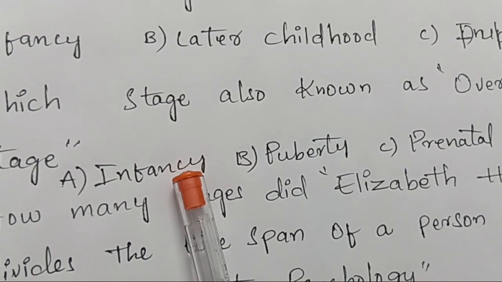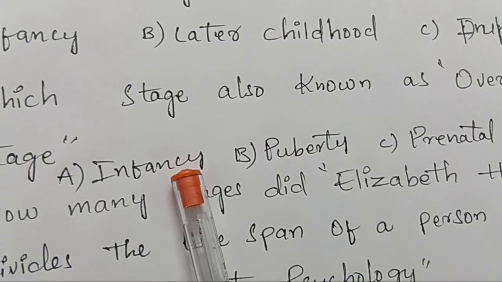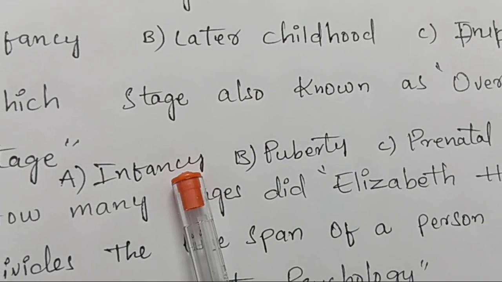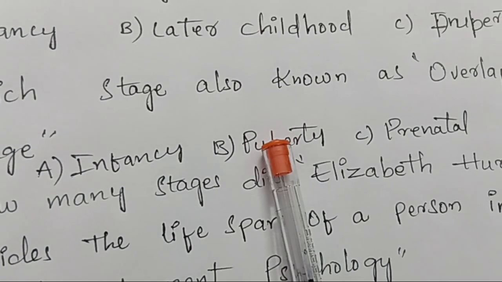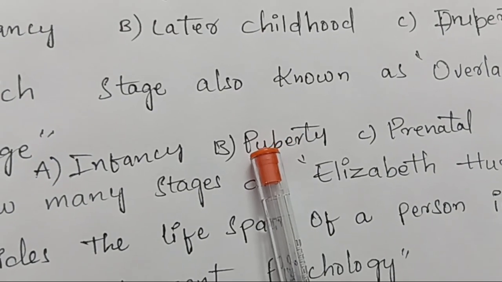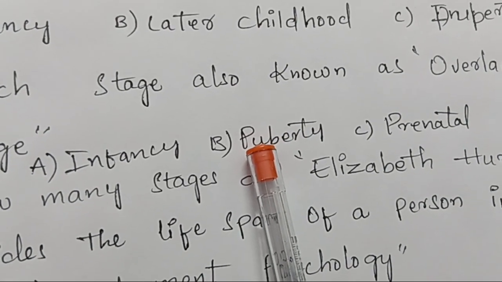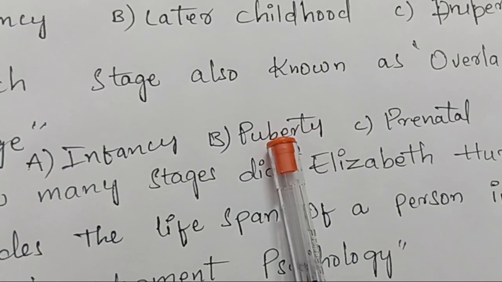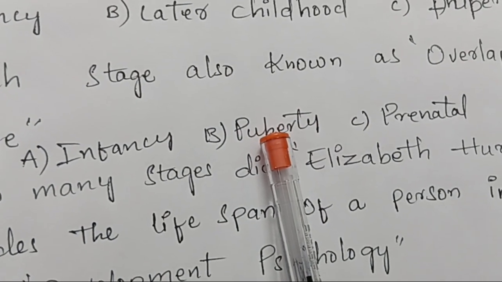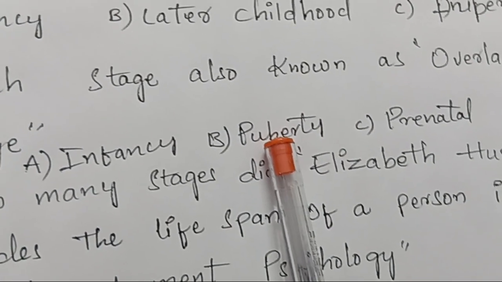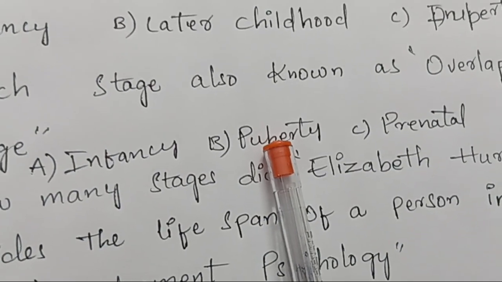It starts from 2 weeks of the baby to 1 to 2 years of the child, right? But it is a rapid growth, and in the human lifespan, puberty is the shortest period of human life.